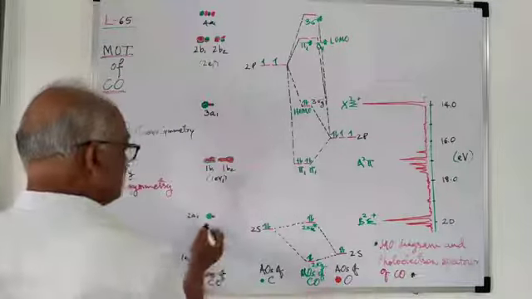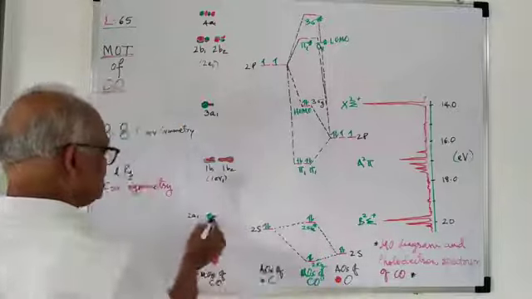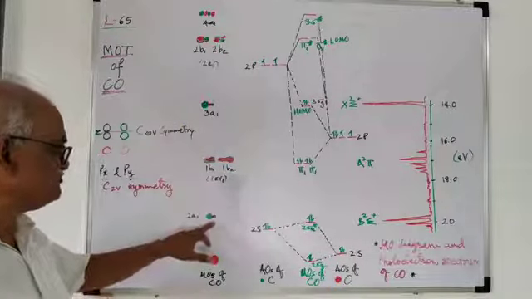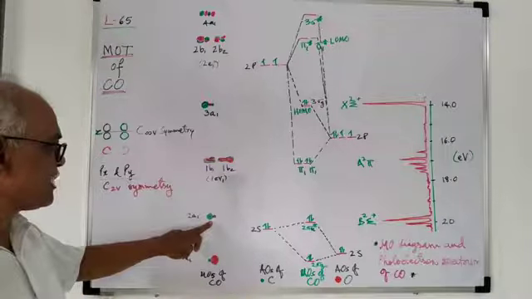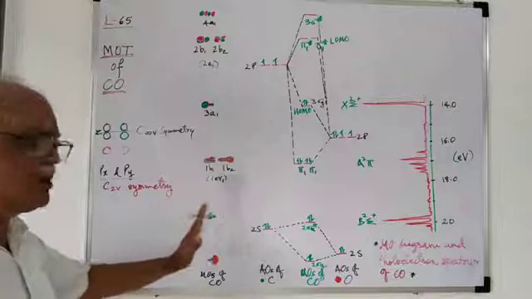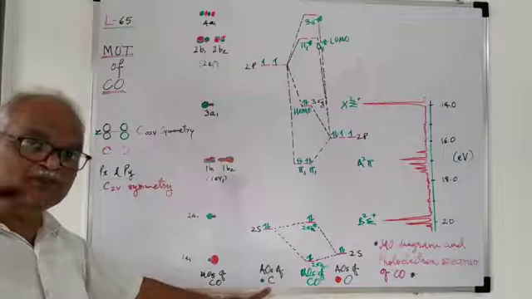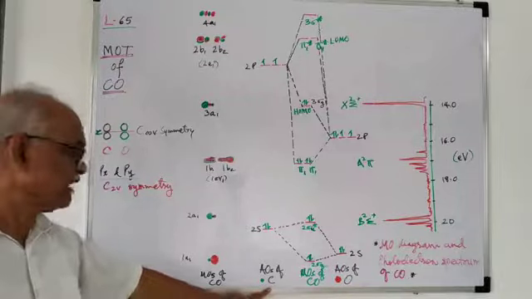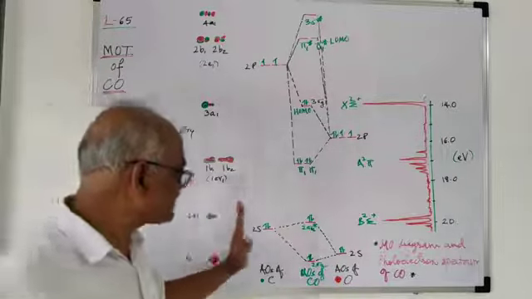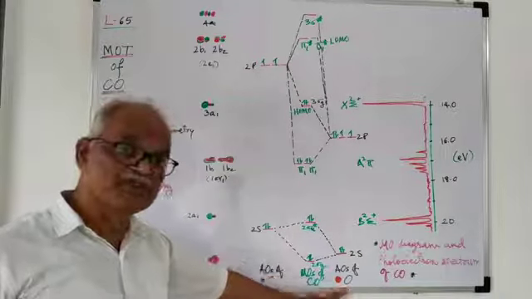Similarly, you will find here this 2 sigma u star. So it has a shape like this. So here you will find the 2s of carbon. The portion on this side of the nucleus represents the contribution of the molecular orbital resulting from carbon, and the portion on this side shows the contribution of oxygen.